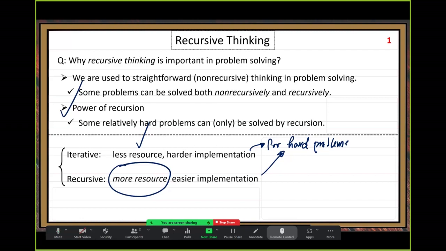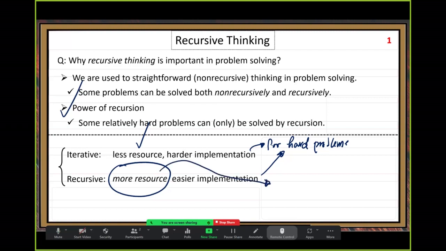So that means in order to support recursion in programming languages, you need to make some special resource arrangement in main memory. So here, let me explain the extra resource.